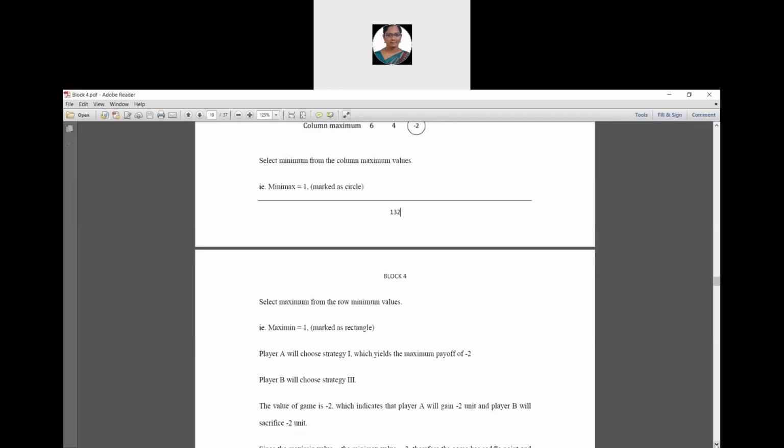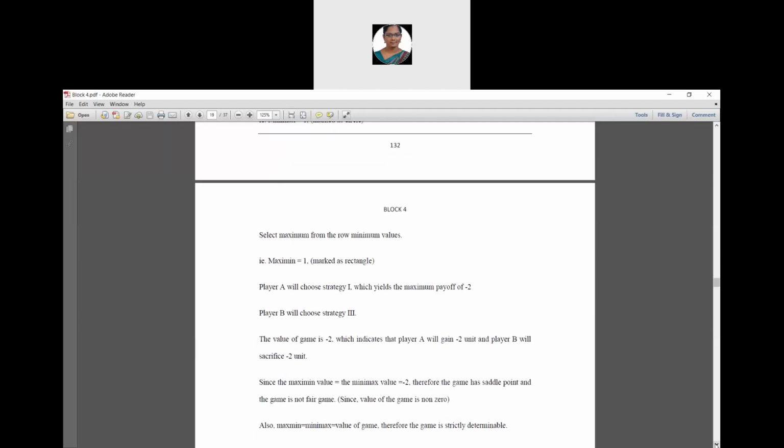The value of the game is minus 2, which indicates that player A will gain minus 2 units and player B will sacrifice minus 2 units.